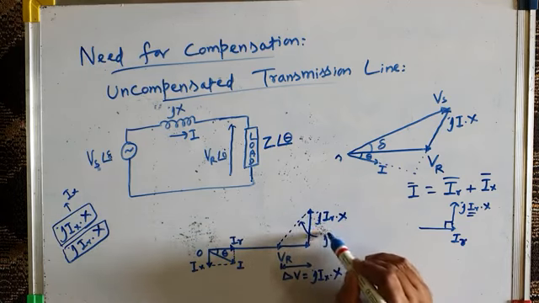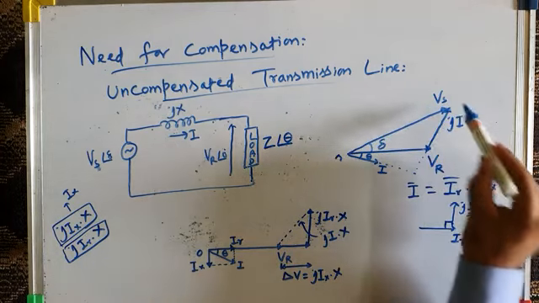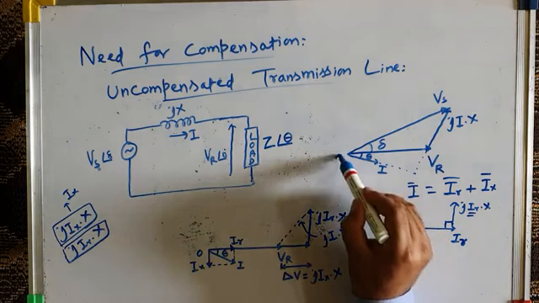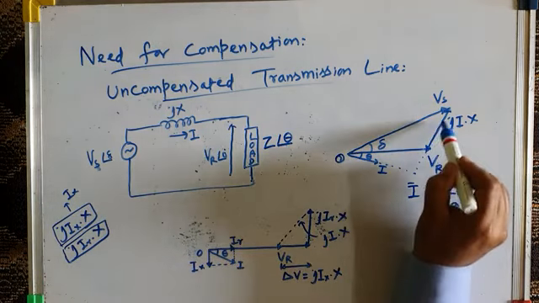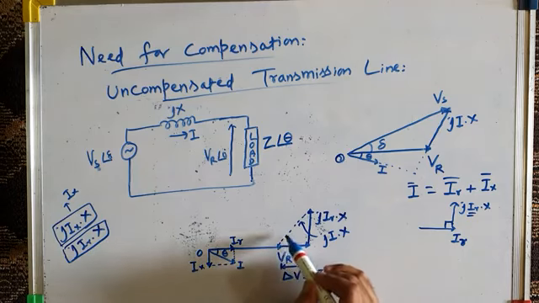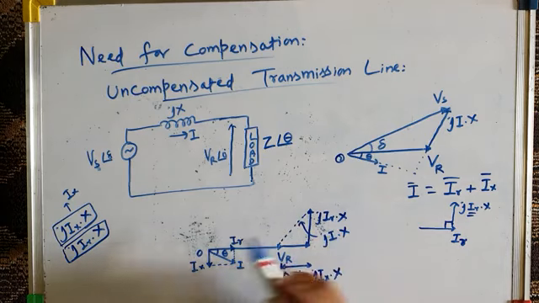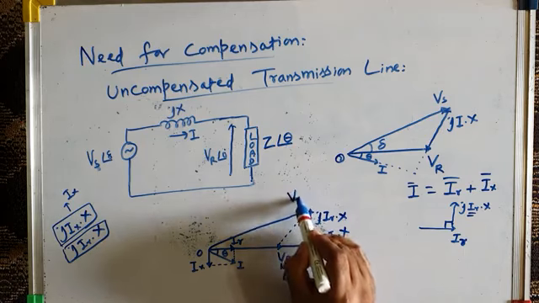This is JI into X. It is just like the previous phasor diagram, where we had not resolved I into in-phase and quadrature components, where we had taken I itself. The reactive voltage drop was JIX. Here also you will get the same reactive voltage drop, JIX, which is equal to JIX into X plus JIR into X. Okay, so therefore this will be your sending end voltage Vs.